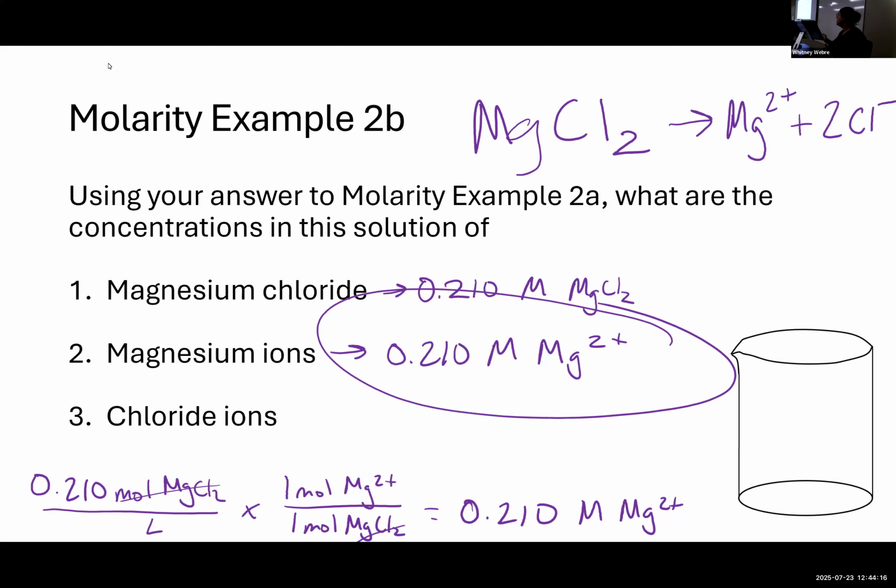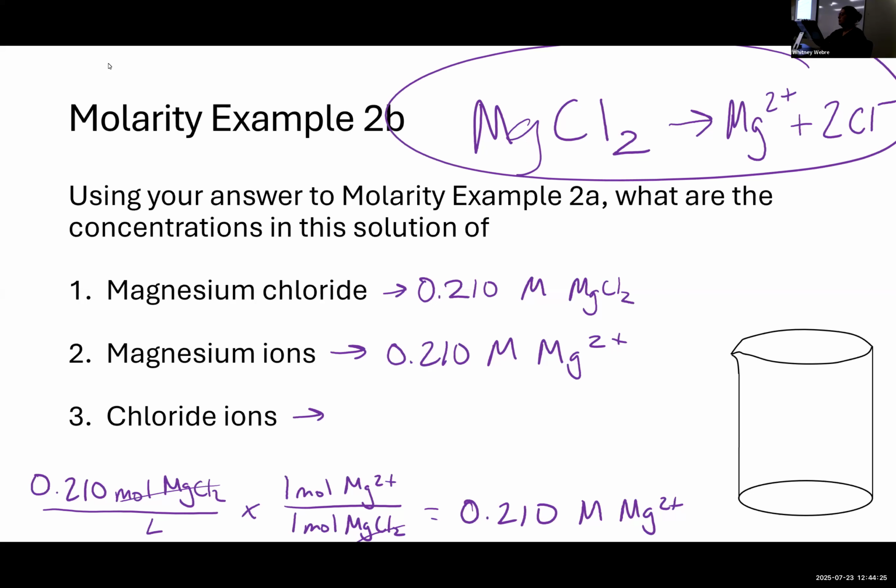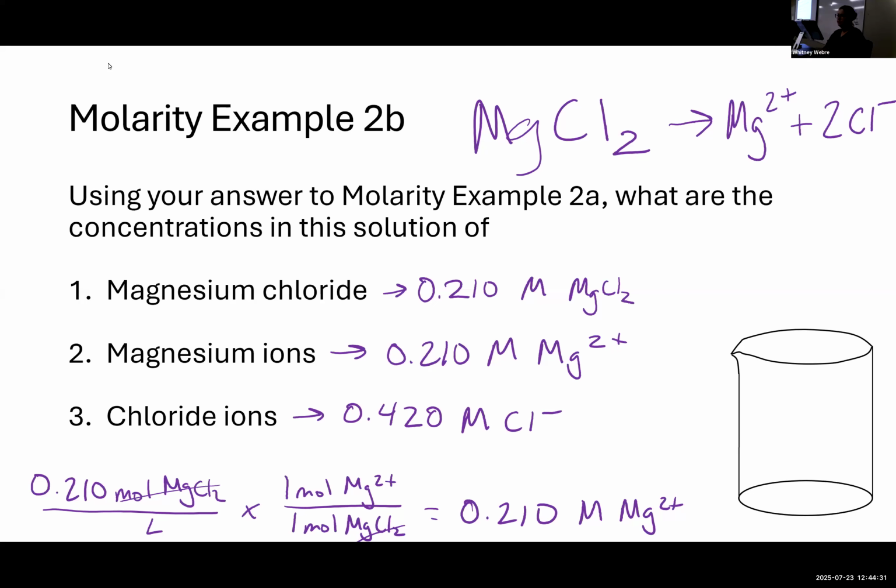Double it, multiply by 2. The math will back you up anyway, but if I have twice as many chloride as magnesium based on this setup, it should be 0.420. And I don't have to do a big equation if I'm comfortable with that. But I will always do it just to double check.